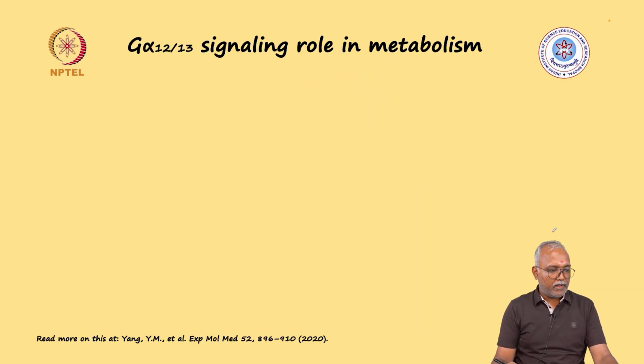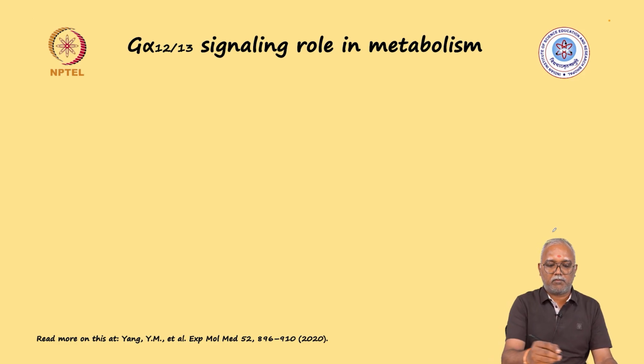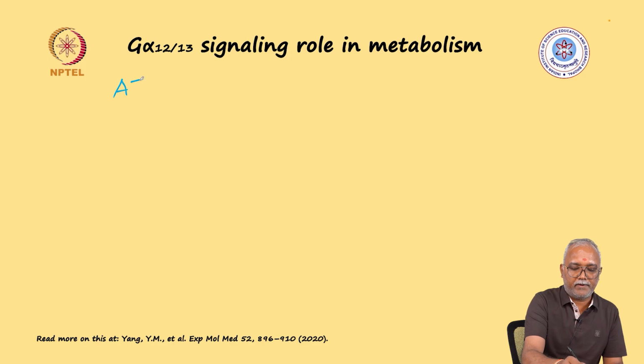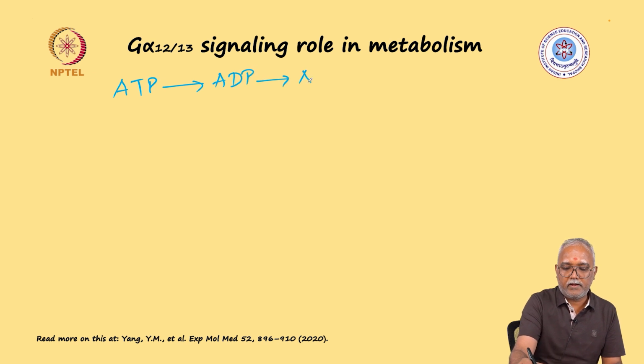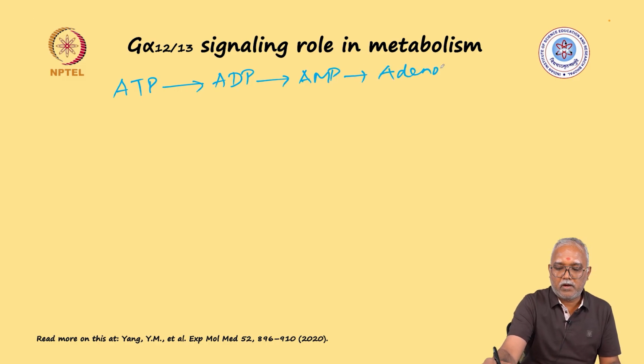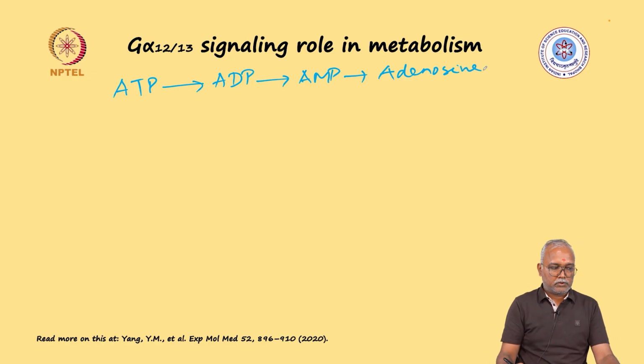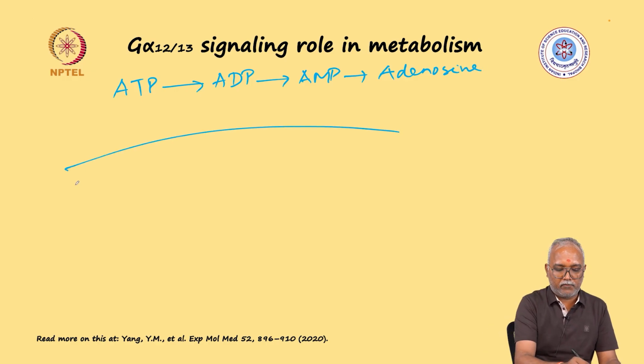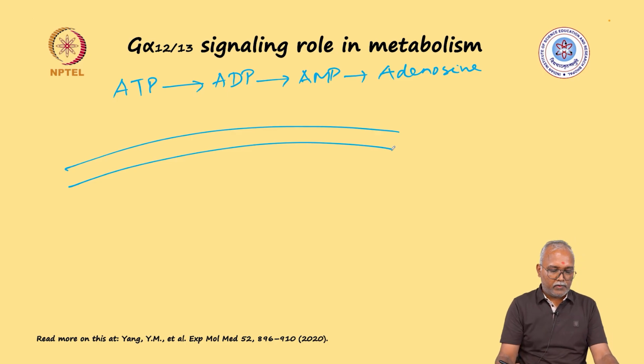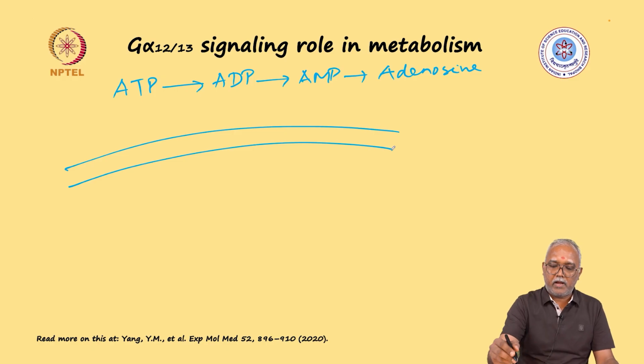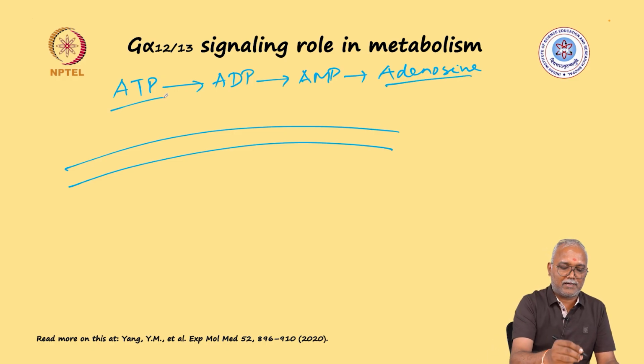It has a big role to play in metabolism, where it will detect small molecules like ATP or its versions, in the sense of ADP, AMP, and further the base adenosine. So if you look at a scenario where this G alpha 12 13 is working, we are taking the example of a particular process where ATP and adenosine are serving as a ligand.